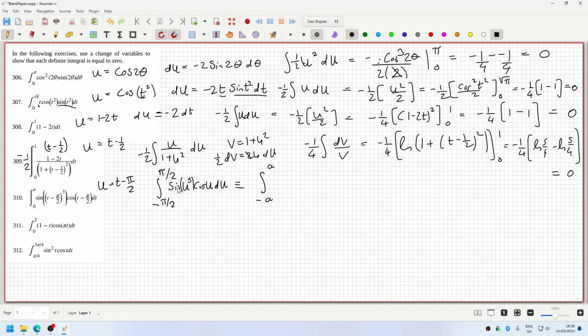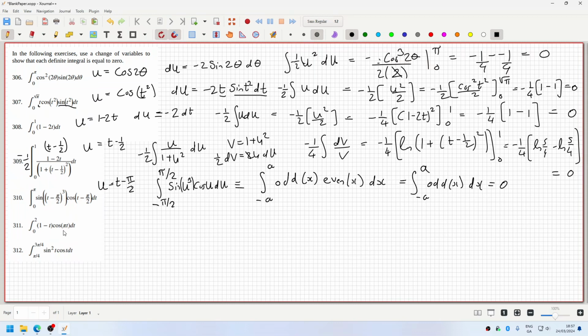That's an odd function times an even function, which is the integration of an odd function, which would be 0. So I think they might actually want us to do something like that for the previous questions, but it's not really necessary to use substitution in that case. But it kind of is helpful here to change the variable.